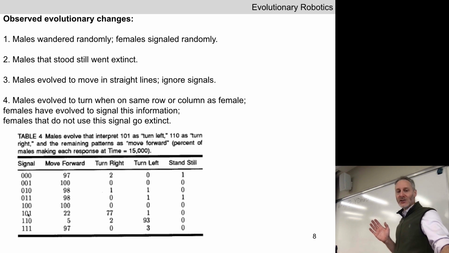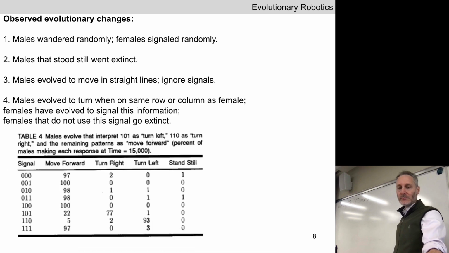There must be certain conditions of the males relative to the females in which females telling the males to turn right makes sense, in the sense of it will bring the male to the female. And from the female's perspective, there are also situations in which it makes sense for her to emit the song 110. There are conditions under which she, quote unquote, knows to emit 110, and she, quote unquote, knows that will cause the male to turn left, and that will likely lead to a reproduction event.